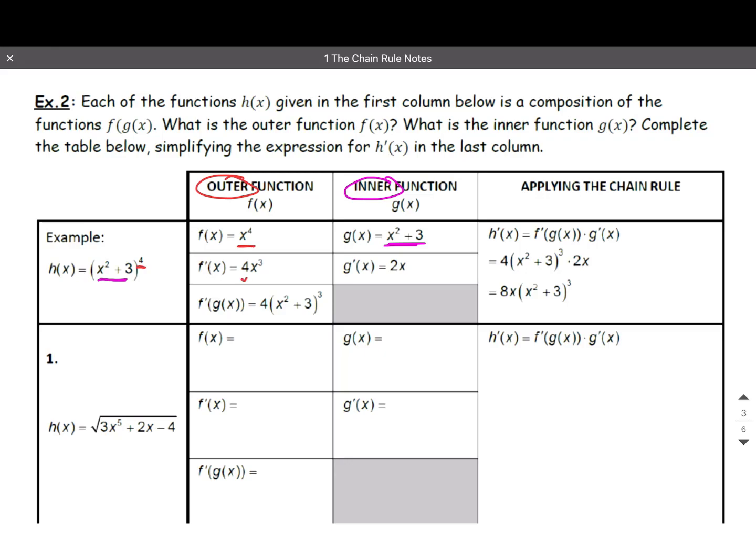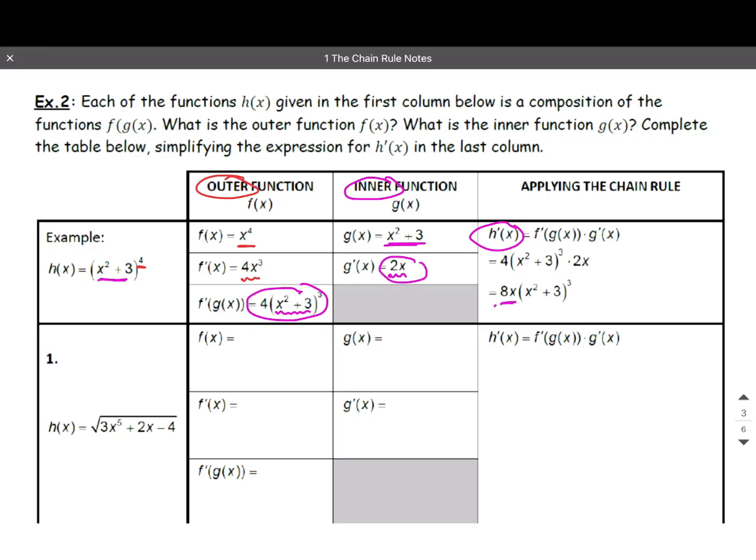Then you take the derivative, 4x cubed, put the inside in there, and then take the derivative of the inside, and then your final derivative is you're going to take this times this and multiply any monomials.